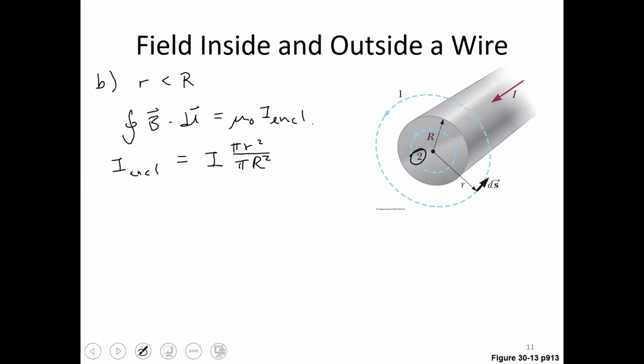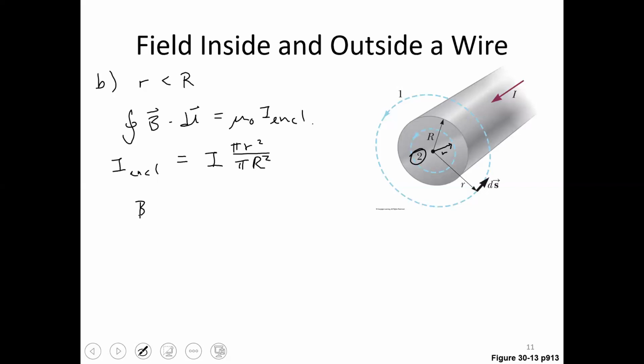But we're only enclosing a fraction of that. We're only enclosing this pi lowercase r squared of that current. So we can only count that much as our I enclosed along this path.